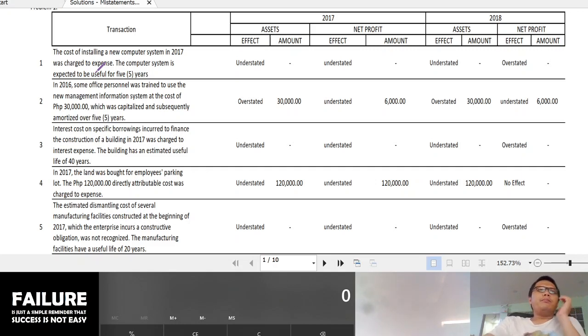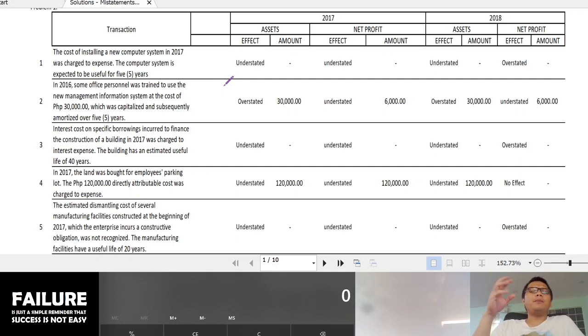Under PAS 16, or the Philippine Accounting Standards for property, plant and equipment, any cost directly related to bringing a particular property, plant, equipment to its working condition should be capitalized as part of the cost of that asset.